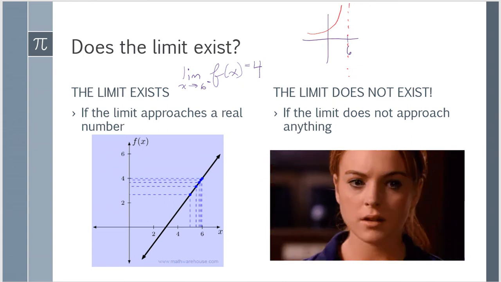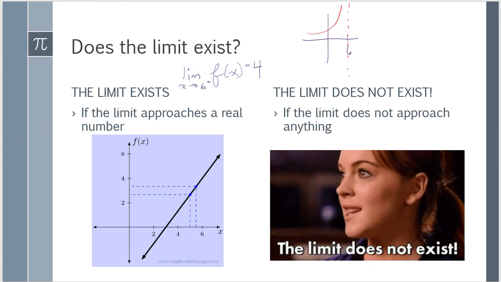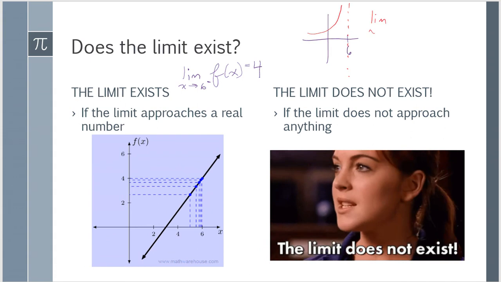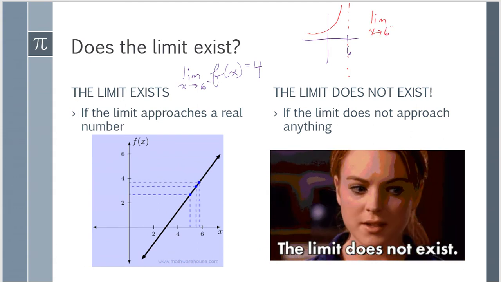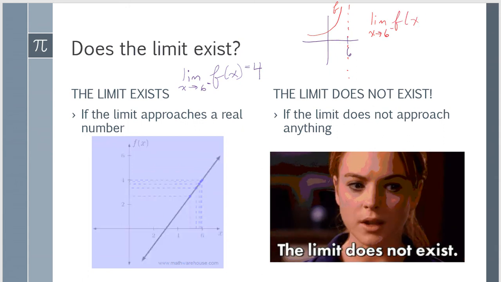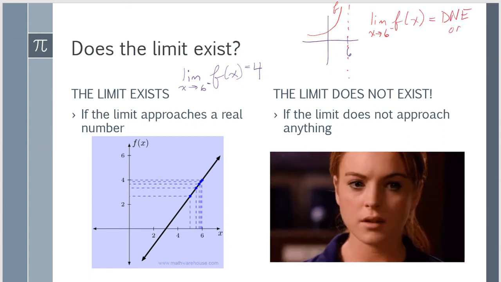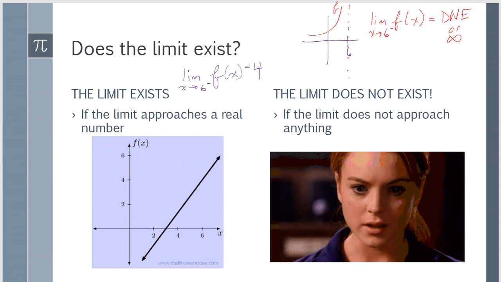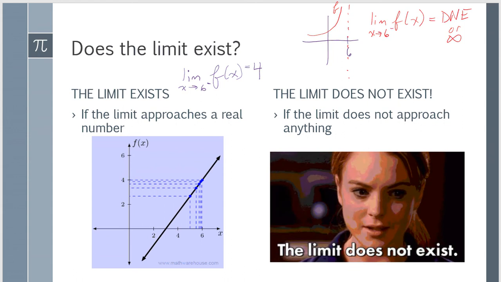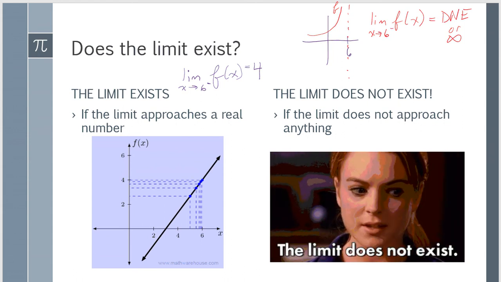But as I approach 6 from the left, my function is going off towards positive infinity, getting ever larger. So for the limit as x approaches 6 from the left of f of x, I could say it does not exist, or I could say it's infinity, because that's descriptive: the reason this limit doesn't exist is it's going off to an ever larger number, not a real number.